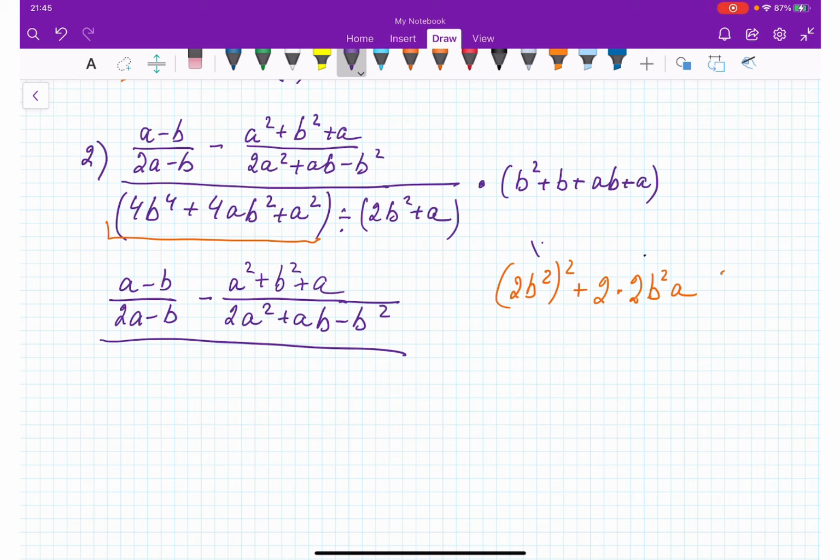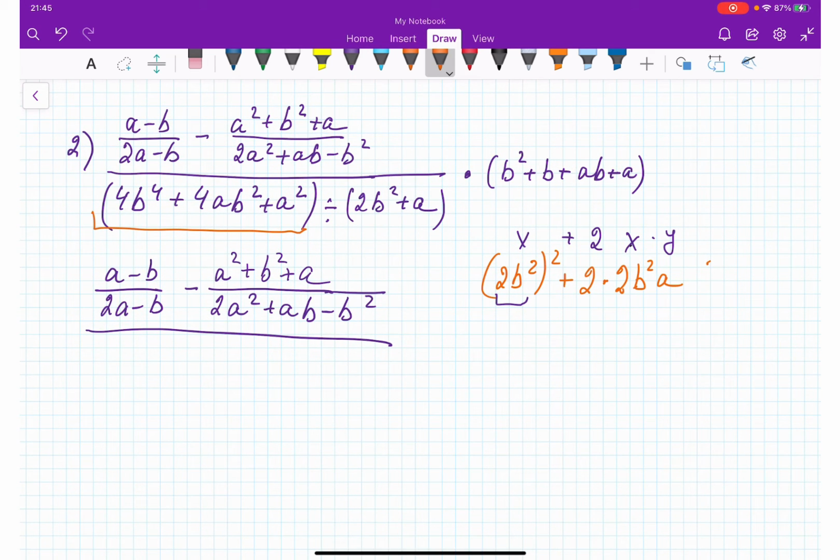This is my x, 2b squared, plus 2 times x times y. My a is going to be y, and then plus y squared, which is going to be here, plus a squared.